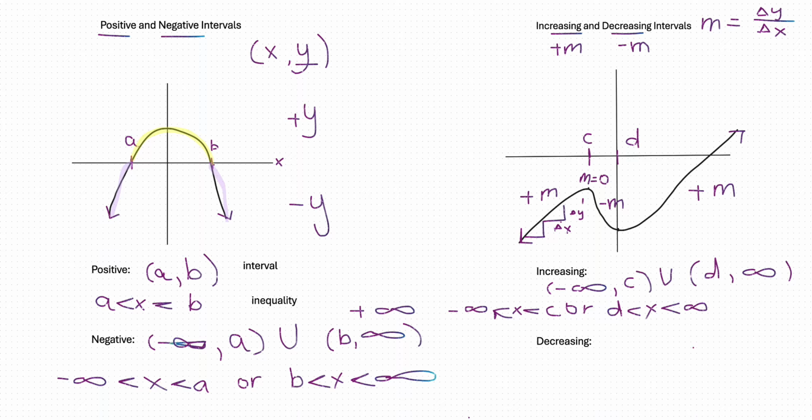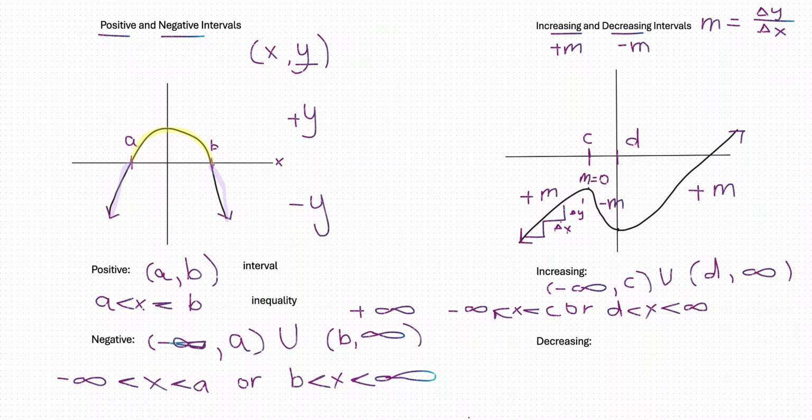That's where our interval is increasing. Again, I didn't use a greater than or less than or equal to sign because it's an open parenthesis. And I used or to connect them instead of union because it's inequality notation.